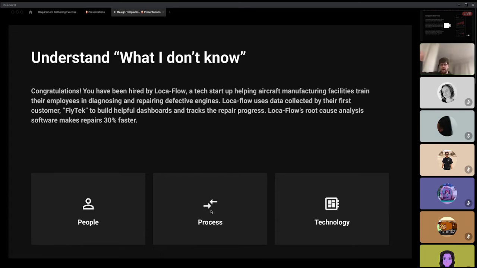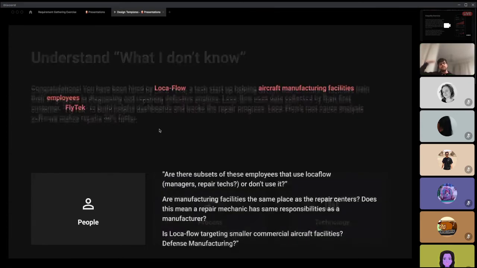For this, I simplified it to worry about what I can find out about the people here, what kind of process they would be doing, and the technology stack underneath Locaflow. So let's walk through it.